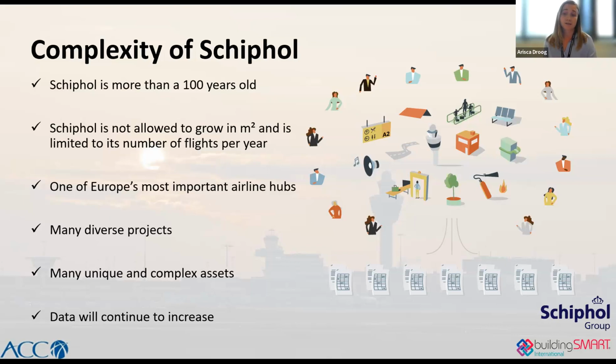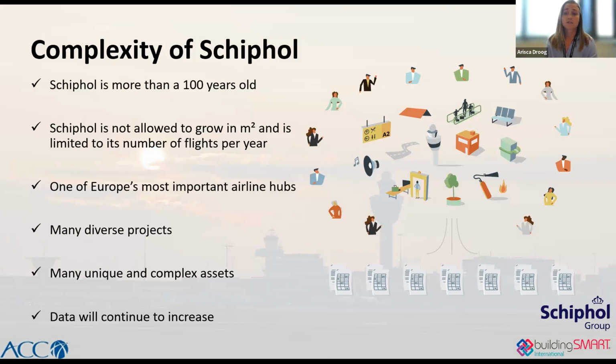With that, Schiphol, and I'm sure any other airport, is always under construction and therefore constantly changing. So just the terminal alone has more than 1,000 changes each year. These changes come from many diverse projects, some small like modifications, but others are very big projects that take years, like building a new terminal. And with all of these changes, we have to deal with a lot of unique and complex assets.